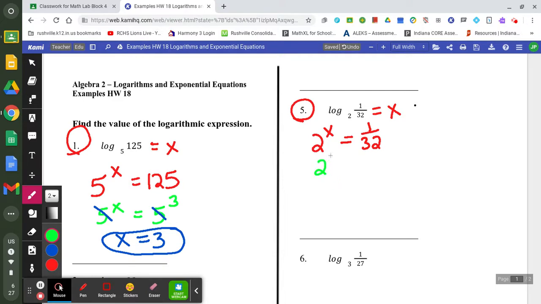This is already a base of 2. I'm going to change the 1/32 to 2 to the negative fifth. And then I have the same base, so I'm going to cancel the bases and set the exponents equal to each other.